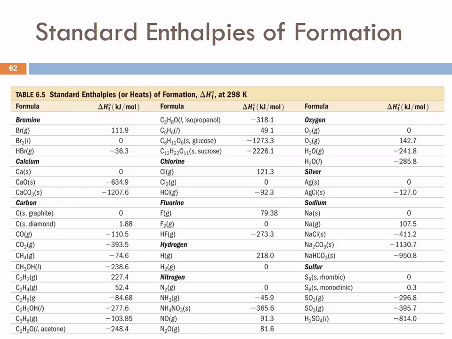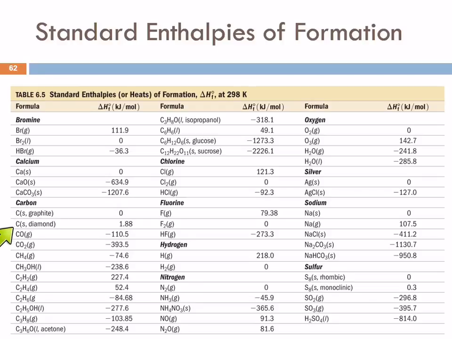Here's a small table from chapter 6 showing some enthalpies or heats of formation. Let's look at carbon. So carbon, solid carbon has 2 common forms, graphite and diamond. Graphite is the more stable form, and so its heat of formation is 0. This is carbon in its standard state as an element.